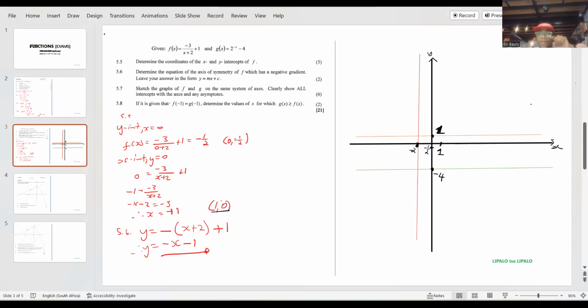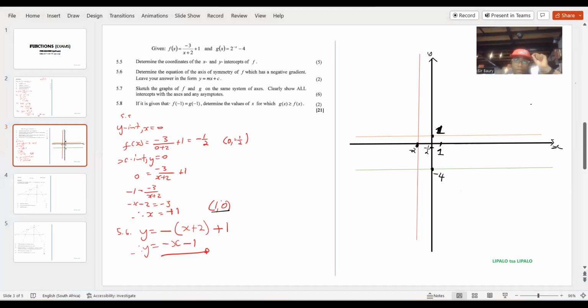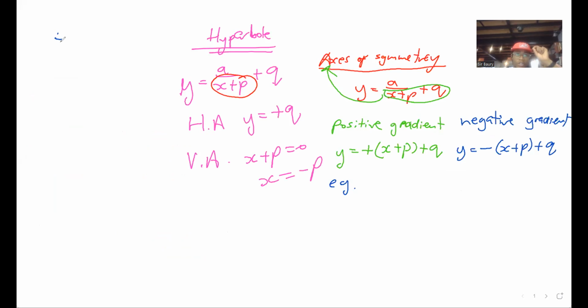And remember, for sketching the hyperbola, generally, this is what you need. You need to know the quadrants. In which quadrants will the arms lie?